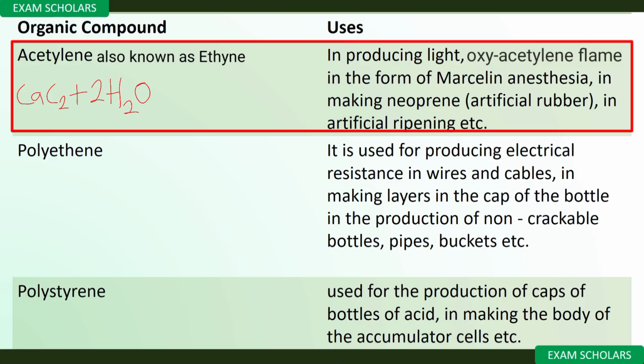So water will react with that calcium carbide, and acetylene gas will be produced. This acetylene gas will now ripen the fruit. Some even go as far as injecting this gas into the fruit. That is why we need to be careful with all these fruits that we are buying.